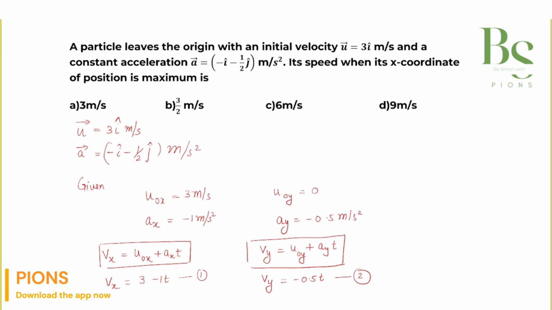So what is Vx from equation 1? Vx is 3 minus t. Putting it as 0, 3 minus t equals 0, and t will be equal to 3 seconds. So time was 3 seconds when the x coordinate is maximum.